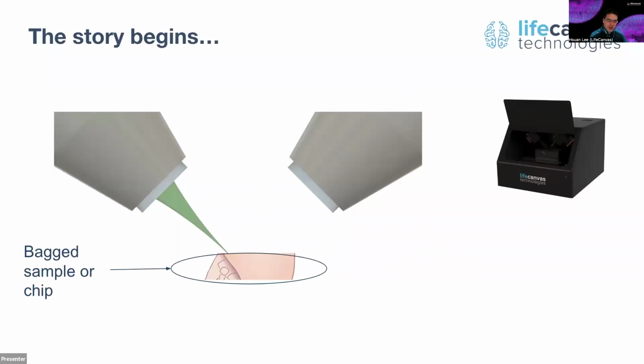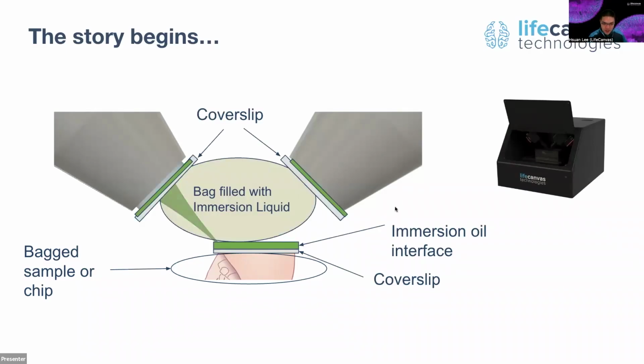The trick is that we bag the sample with the immersion in there, and the bag has the same refractive index, 1.52, as our samples. At the air gap, instead of having a whole immersion pool, we can bag the immersion as well, and also use a cover slip to prevent any air gap between the optics, the sample, and back to the detection path.